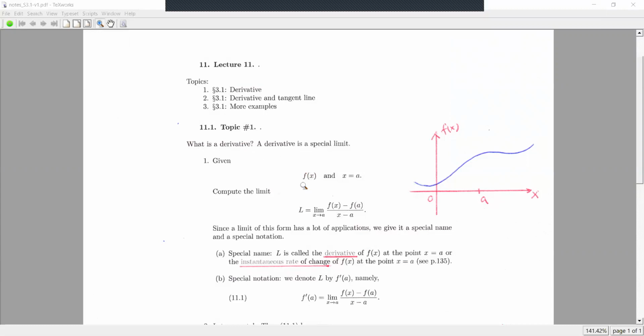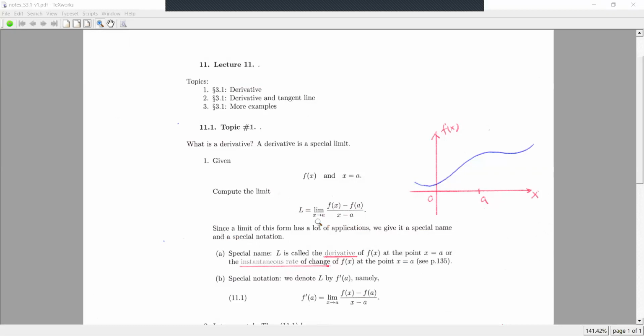Given a function f and a point a on the x-axis, we compute this limit: function minus function value at point a over x minus a. Now, let x approach the point a. Then this fraction will approach some number. Denote the number by L.